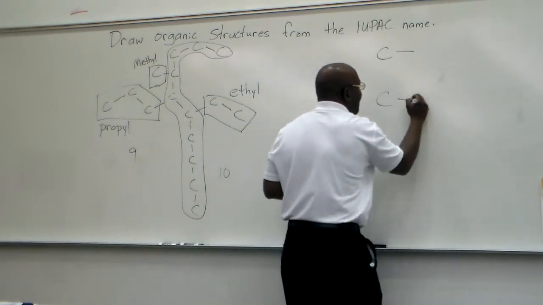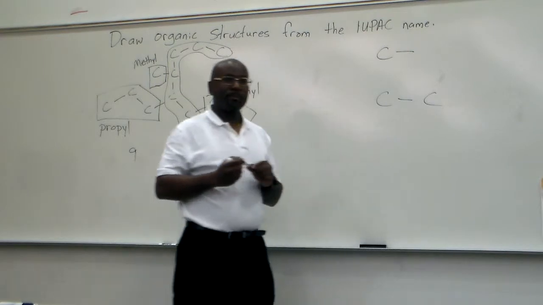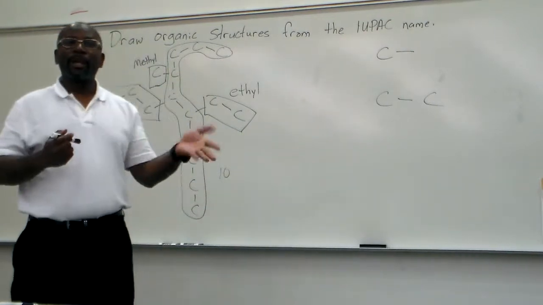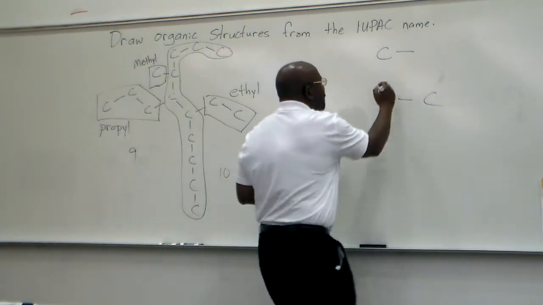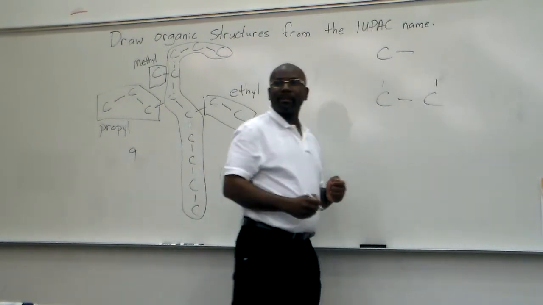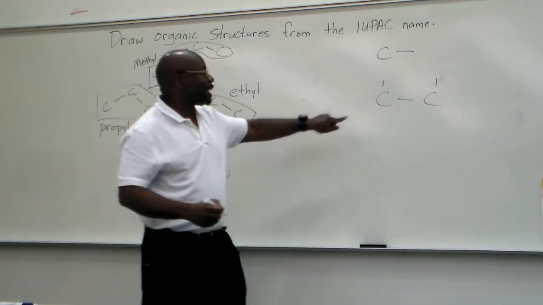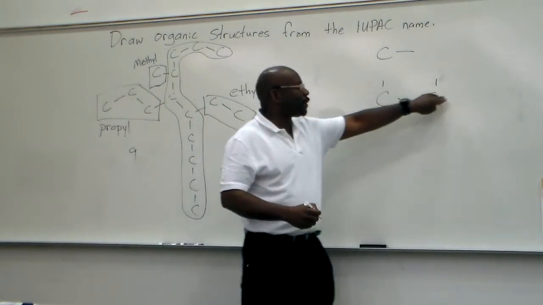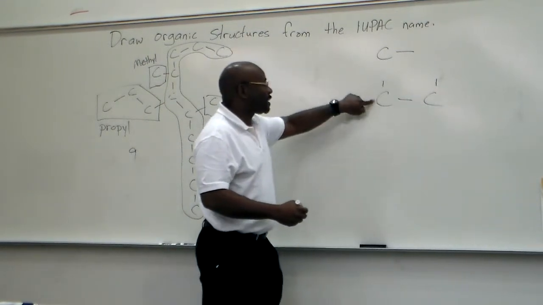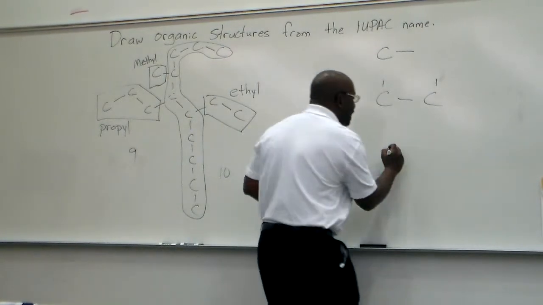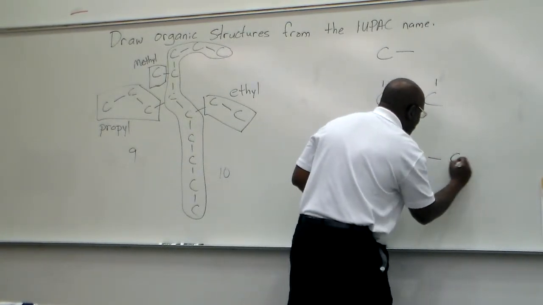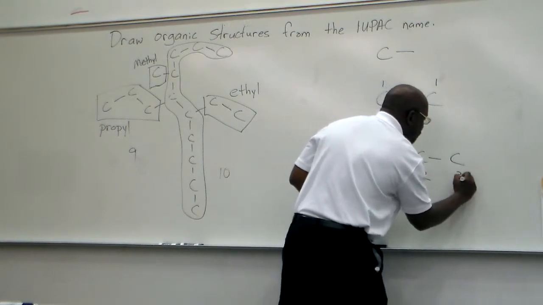If I had 2 carbon atoms, I have 1 and 2, because of symmetry. By folding it over, both carbon atoms are carbon 1. If I attach this carbon atom at the front, that's carbon number 1. If I attach the carbon atom in the back, that's also carbon number 1. But when I get 3 carbon atoms, 1, 2, 3.